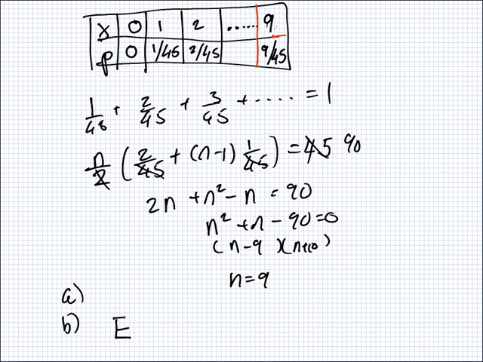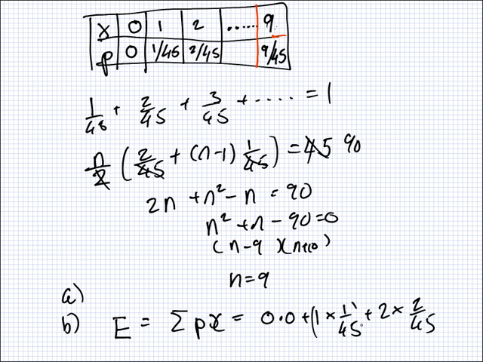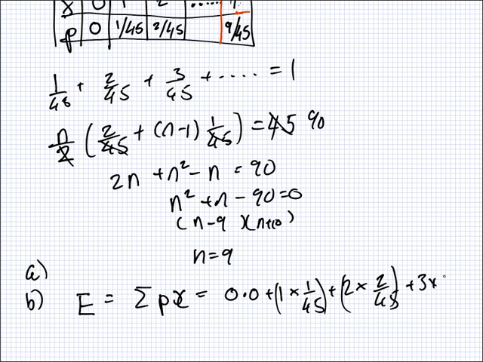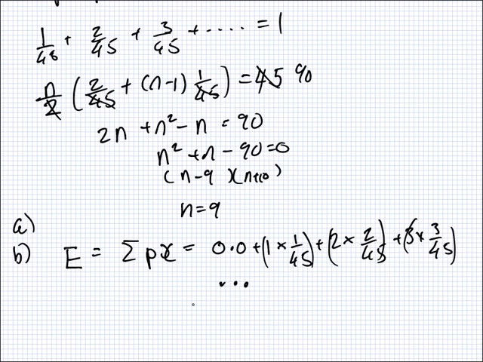So the expected number of tables, you remember the formula? It's sum of p times x. So the first one is 0 times 0, and then the next one is 1 times 1 over 45, and then the next one is 2 times 2 over 45, and then the next one is 3 times 3 over 45, etc. You have to do that 9 times.